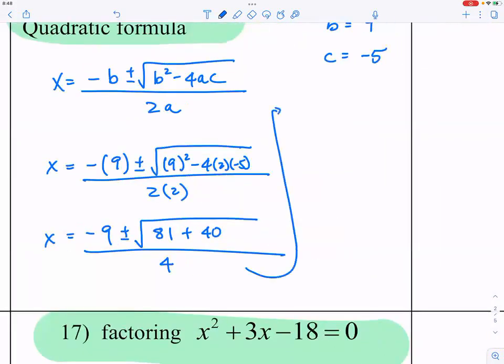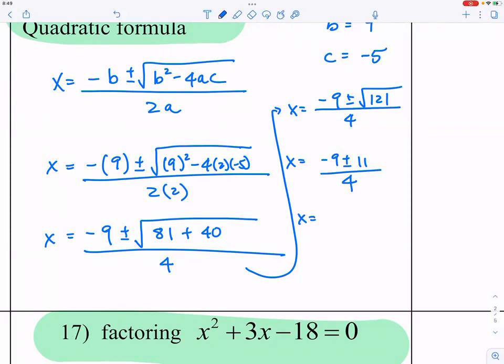So x is equal to negative 9 plus or minus, what's 81 plus 40? 121. What's the square root of 121? We assume that you know the square root of 121 is 11.